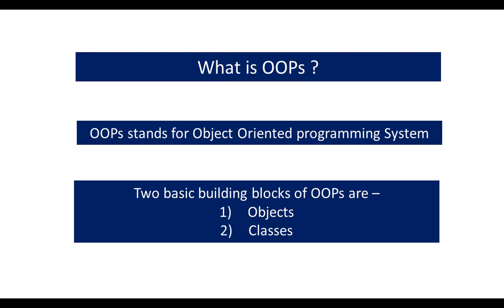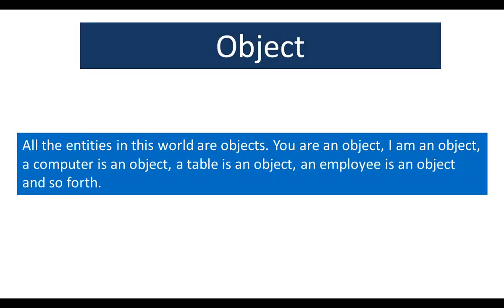There are two basic building blocks of OOPS. One is objects, another is classes. See, an object, what is an object? All the entities in this world are objects. You are an object, I am an object, a computer is an object, a table is an object, an employee is an object, a student is an object, a fan is an object.